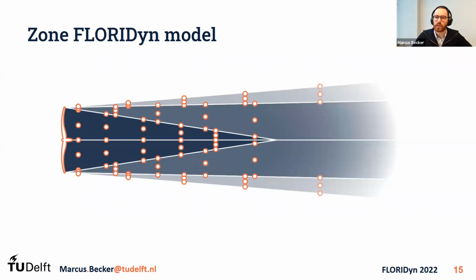And this returns then the full description of the wake in the dynamic sense, where we have all these observation points trying to describe how changes at the rotor plane will propagate downstream.